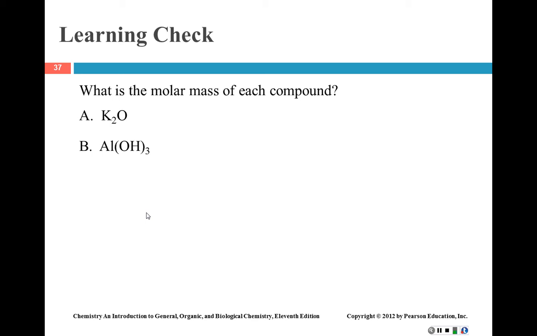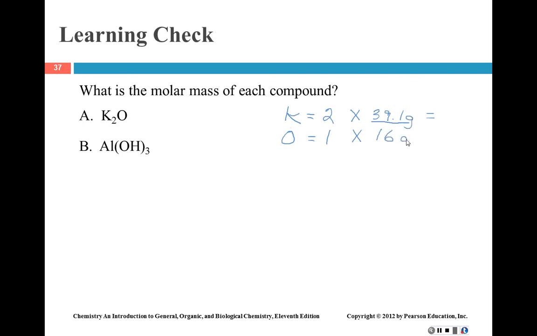I'm going to do A first, and I have K2O. So I have K, and this is just how I do it. How many Ks? 2. I look up the molar mass of potassium. Remember, it's number 19, so it's 39.1. Oxygen, I have 1 of those, and oxygen, number 8, is 16 grams.